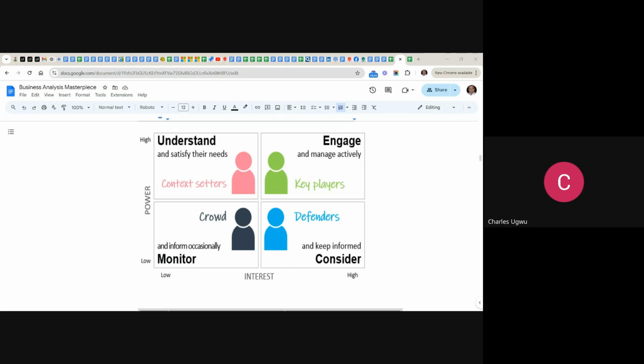Let me look at it from the scenario we have been using, sales and marketing. In some organizations they merge sales and marketing as one unit. Some capture them differently.